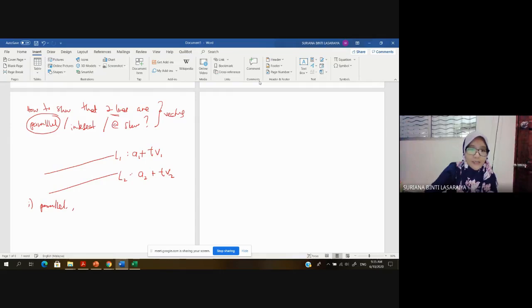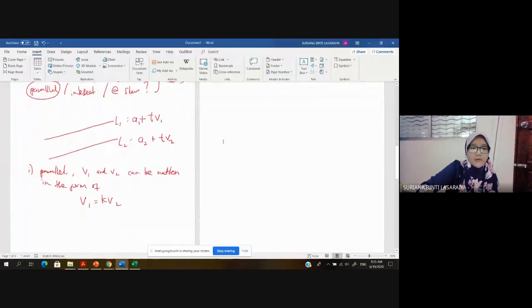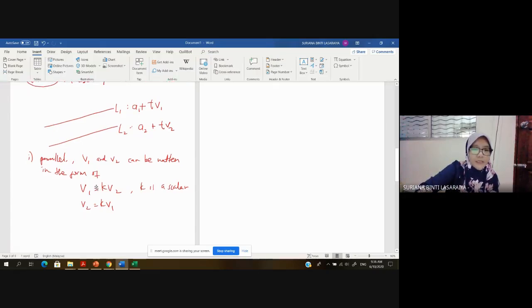You must show that V1 and V2 can be written in the form of V1 equals to kV2. Maksudnya, you can take out dia punya scalar, where k is a scalar. Ataupun terbalik, V2 equals to kV1. Okay. Maksudnya begini.